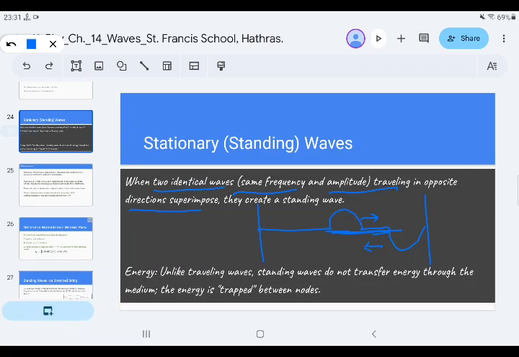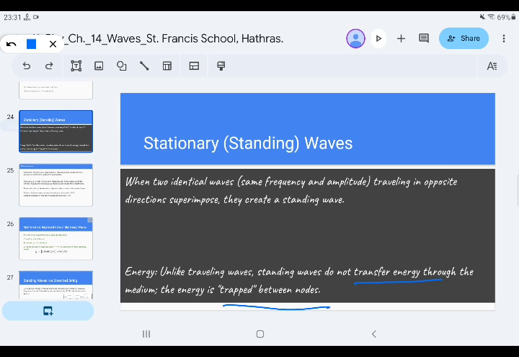They will create superposition, and when this boundary is also fixed and this boundary is also fixed, there are a few such loops. When they add with each other, some kind of stationary wave is created, right? So a stationary wave does not transfer energy from one place to another.